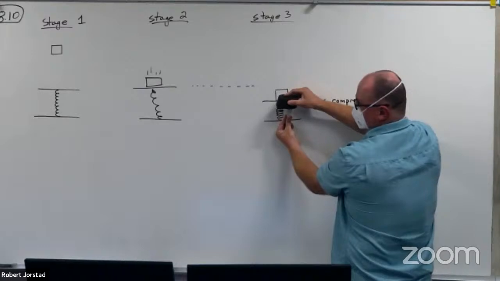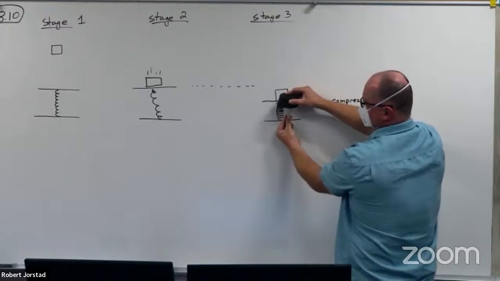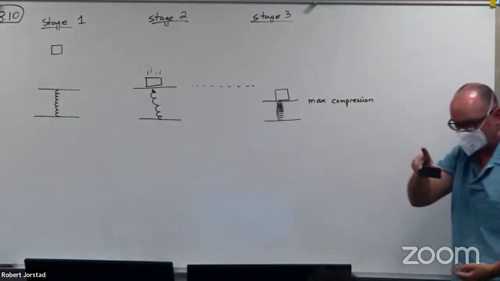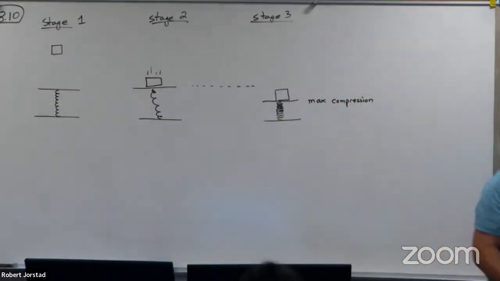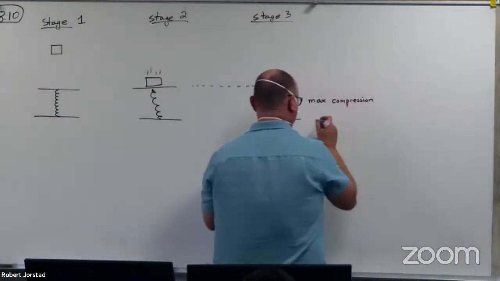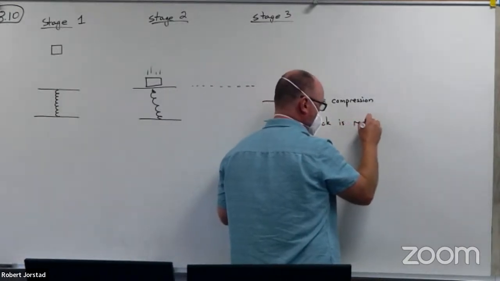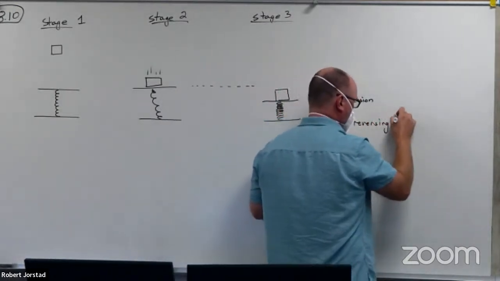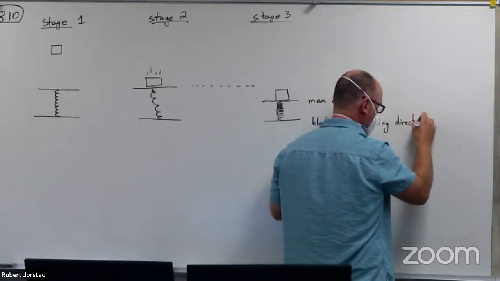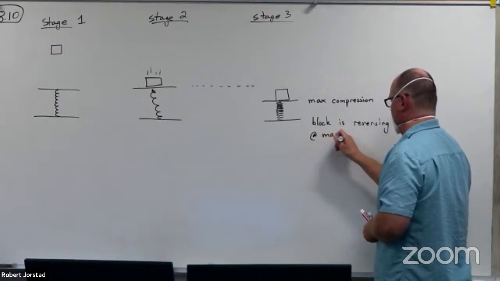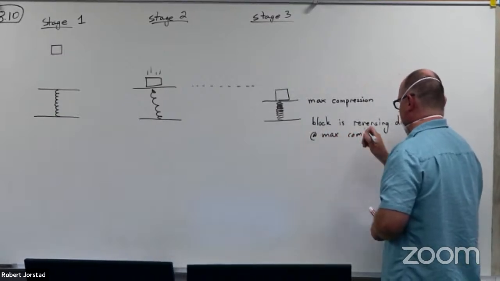If we're at max compression, what's the next thing it would do? It would go back up. So something special, as you just pointed out: the block is reversing direction at max compression. You agree?